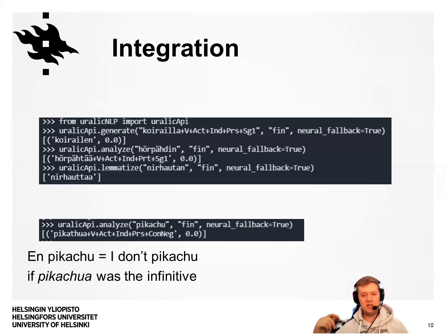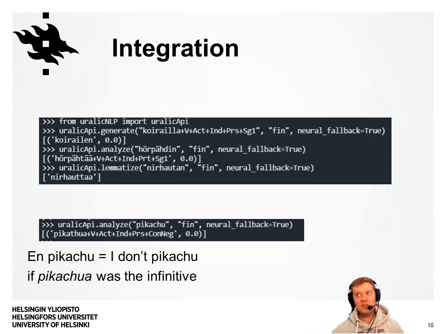Here we can see some examples above for Finnish, where everything goes right. You want to generate a form for koirailla, which would mean to act in a dog-like fashion, and it works well. Hörpähdin, which would be like 'got sipped'. Maybe over a cup of coffee you could tell somebody that I got sipped yesterday. So hörpähdin works well. Nirhautan, 'I get killed', lemmatizes correctly.